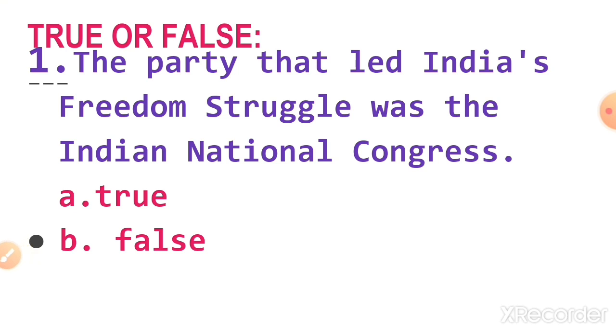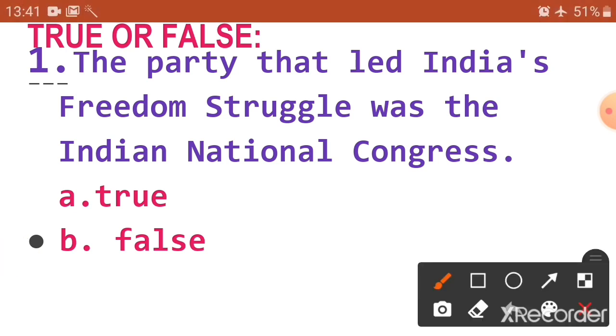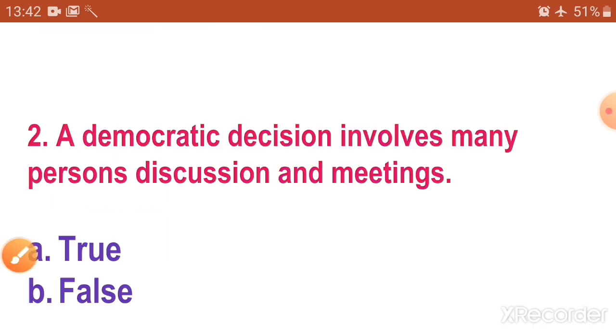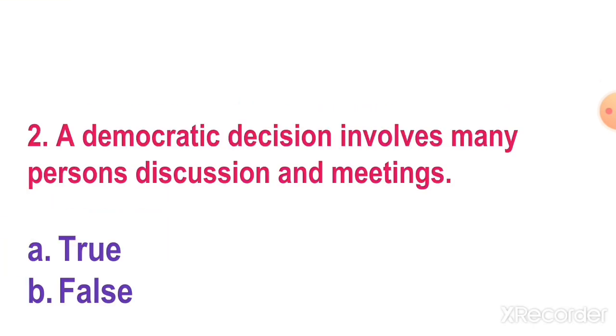The first one: the party that led India's freedom struggle was the Indian National Congress. Now tell me whether it is true or false. It is true, so you will click on option A. We'll move on to the next one.